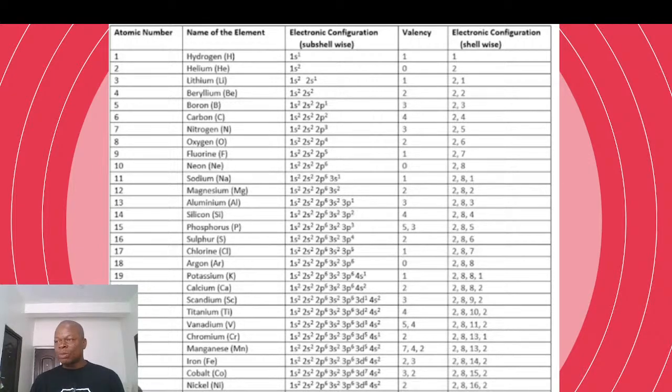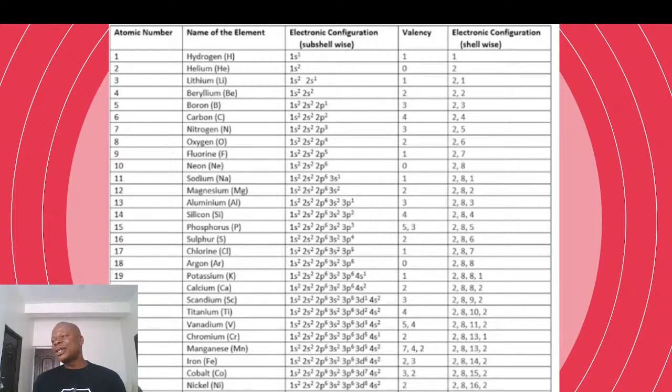If you sum them up, 2 plus 2 is 4, plus 6 is 10, plus 2 is 12, plus 3 is 15. That gives you the atomic number of phosphorus.